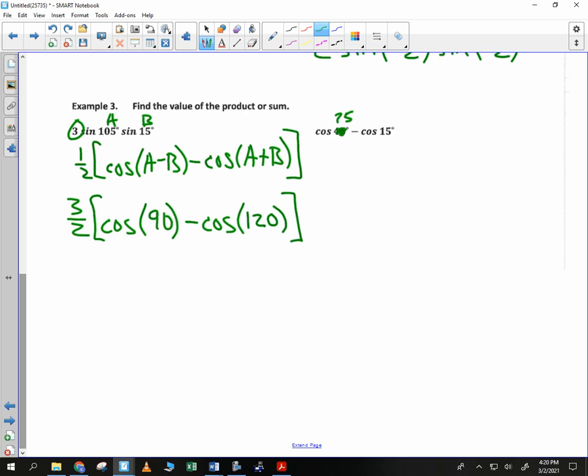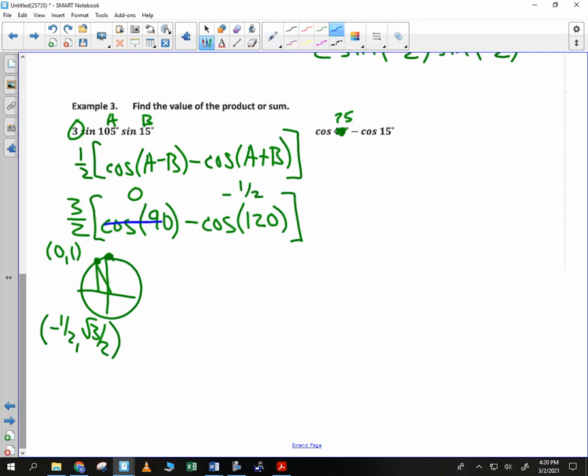The cosine of 90, 90 degrees puts you right here, and that terminal point is 0, 1. So cosine is the x value, so this thing right here is 0. And then for 120, that terminal point right there is -1/2 and root of 3 over 2. So the cosine is going to be the x value, so -1/2.